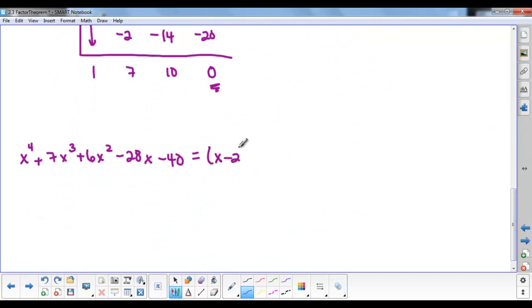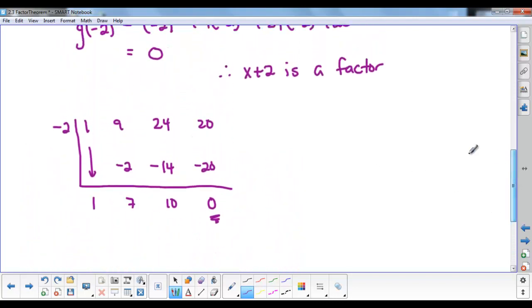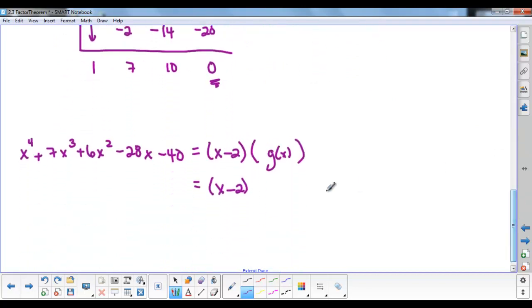Well, we broke down g of x into x plus 2 and its quotient. So x plus 2 times x squared plus 7x plus 10. And there's still 0 remainder.